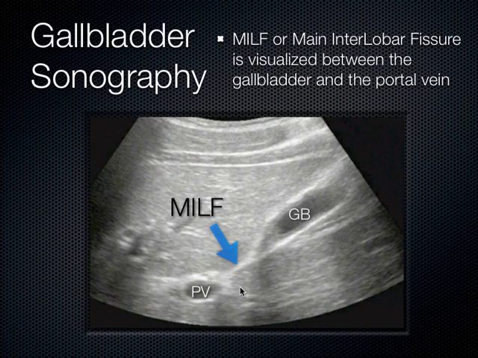Well, about 75% of patients have a very prominent main interlobar fissure that you can see connecting your portal vein up to the neck of the gallbladder. Okay? Is that where you're seeing stones? Well, you'll see stones all throughout the gallbladder, sometimes down in the neck, sometimes up in the fundus, in the body. Depends how the patient's been standing or sitting, because the gallstones like roll all around, okay?